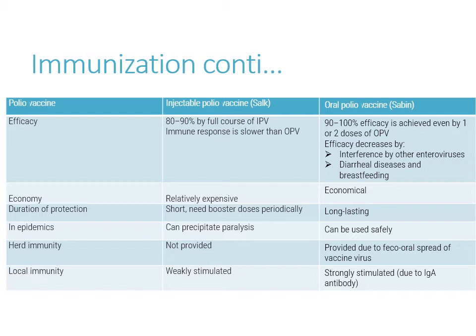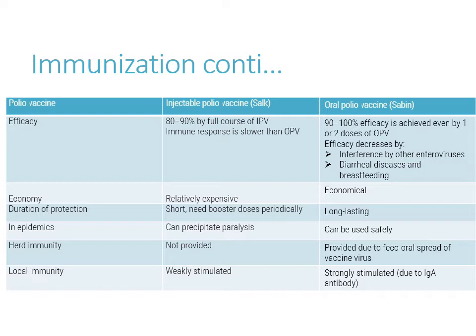In epidemics, because the virus is circulating in the community, as we learned in the previous lecture, if you give injections like intramuscular injections at that time, that can precipitate paralytic poliomyelitis. Therefore, IPV is unsafe in the time of an epidemic, but OPV can be used safely.